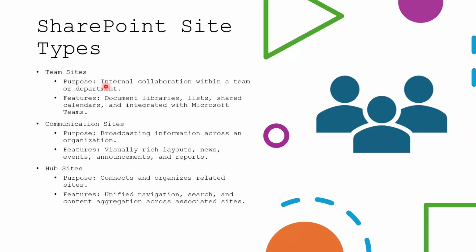So these team sites can also be used for communication, file sharing, or different purposes. The features are that it comes by default with a document library, list, shared calendars, and integration with Microsoft Teams.